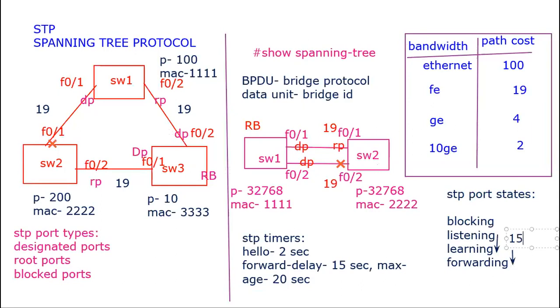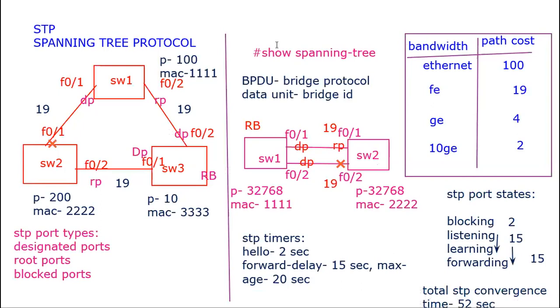So 15, 15, and 2 seconds hello time becomes 32. And there is max age time, which is 20 seconds, which in total becomes 52. So that is the total STP convergence time. The total STP convergence time is 52 seconds.